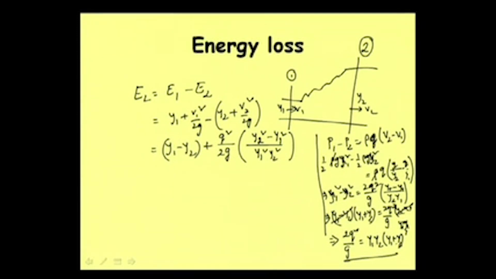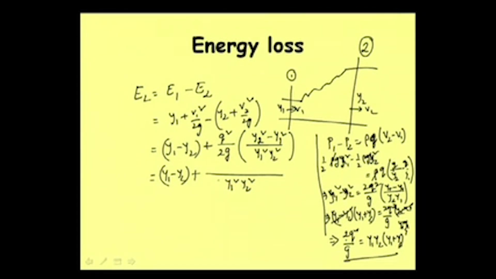Now here we have a term q square by twice g, but this term is twice q square by g. So just replacing that part, we can write y1 minus y2 plus, in this, y1 square y2 square, and then, as 2 is here, to have another 2 there, we will have to multiply it by 4 and divide it by 4.